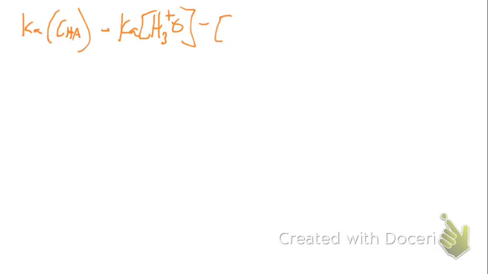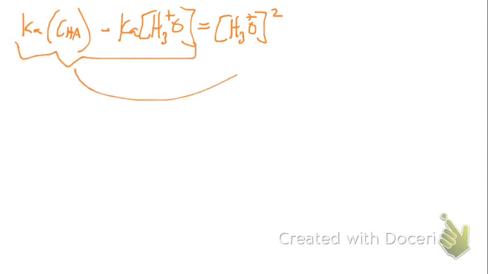So what it's going to look like is this: minus Ka H3O plus is equal to H3O plus squared. Now, if you take quantitative analysis and you learn about these, you will see this again, and you will have to use this equation. And so what we're going to now do is take all of this and move it to the other side.